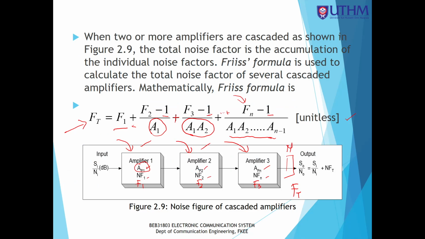So I repeat, if you want to use the Friis formula, make sure no parameter is in decibels. Everything must be unitless. If any is in decibels, you must convert it to an absolute value first, then you can use the Friis formula. For example, if gain is given in decibels, you cannot put it in this formula. You must convert it to an absolute value first. Okay, be careful about that.